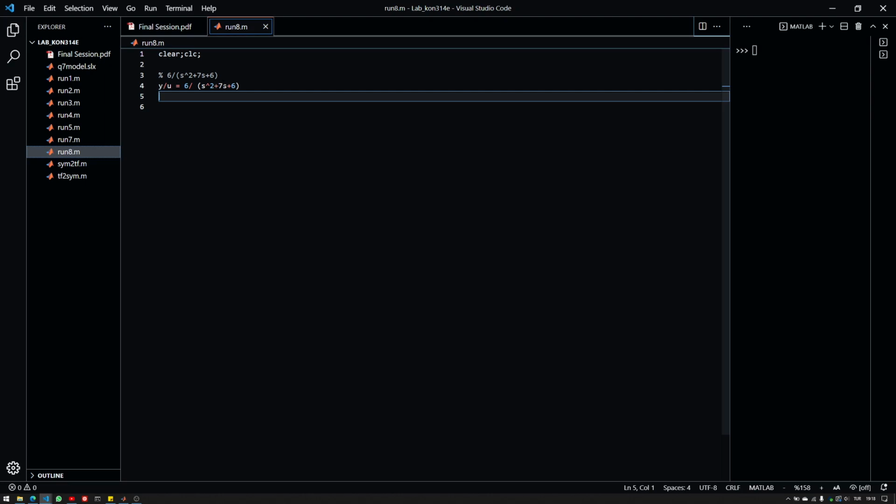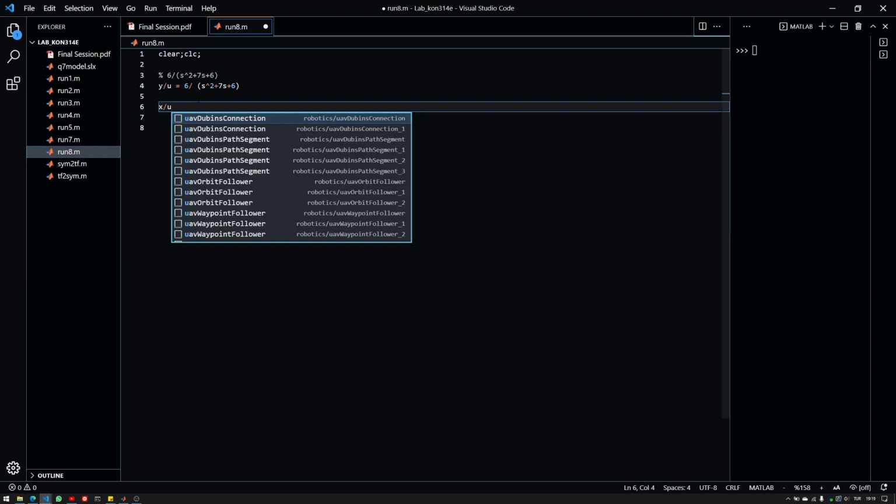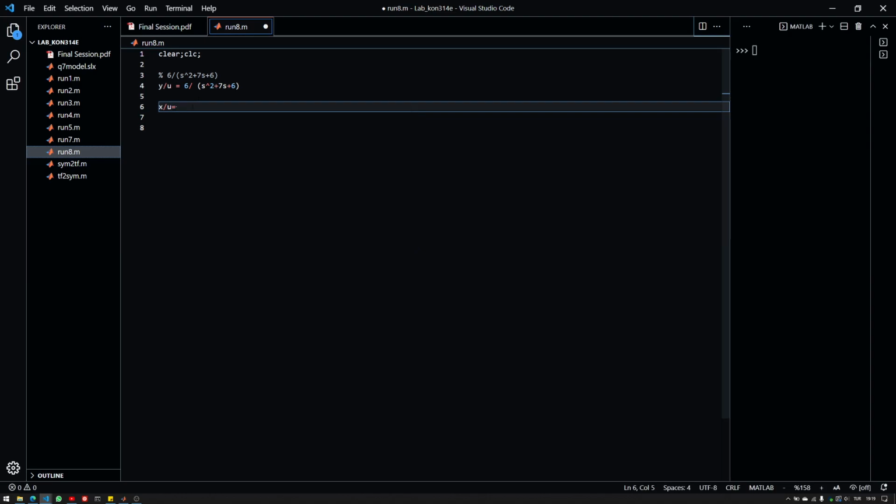And most of the time, if we model systems, we will use differential equations and then convert them into the state space. But here we have the transfer function, so we need to go back to the differential equation first. So in order to do that, we will introduce another transfer function, which is called x divided by u, which is basically between a signal called x and the input.